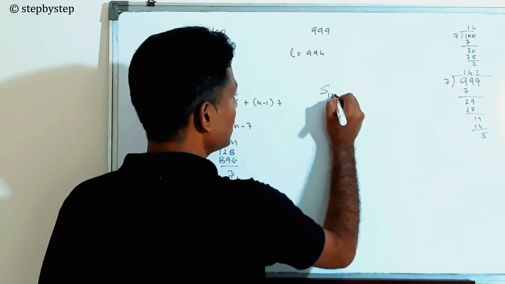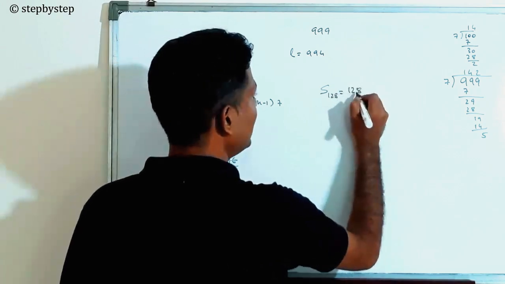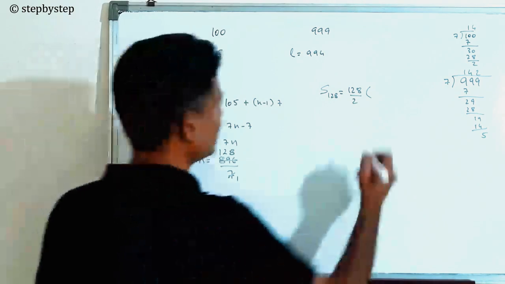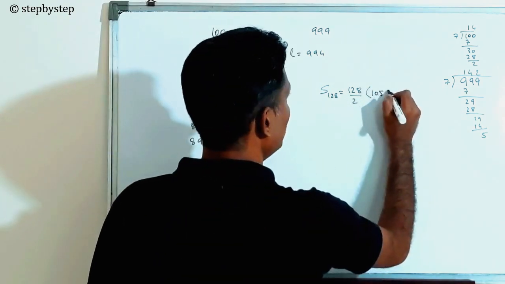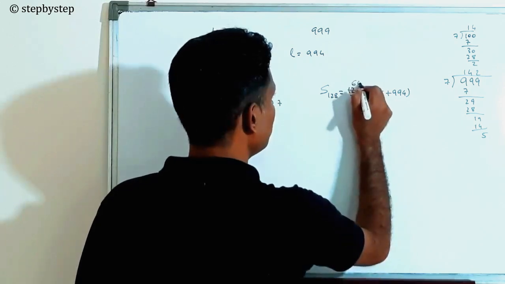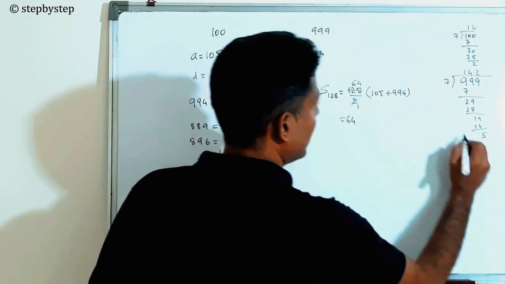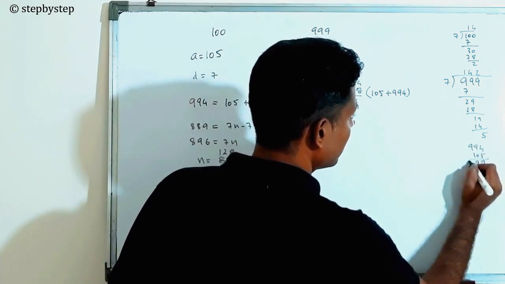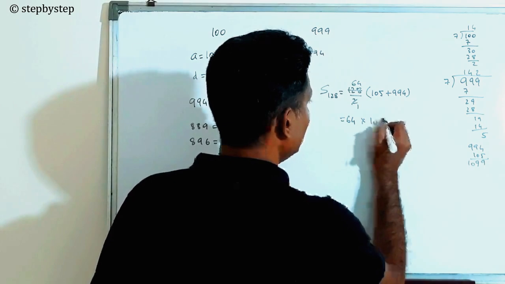So now we have to find S of 128, that is n by 2 into (a plus l), because I know the first and last term. So 128 by 2 is 64, into 105 plus 994, which is 1099.